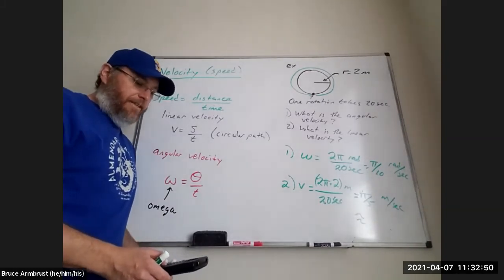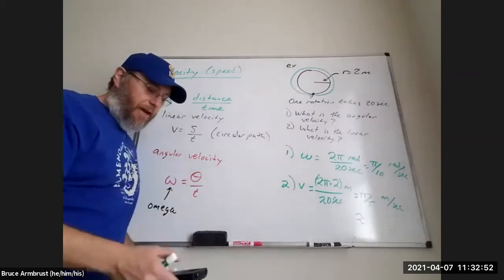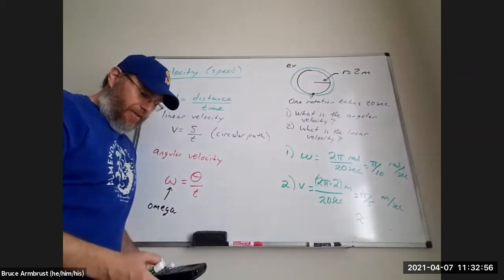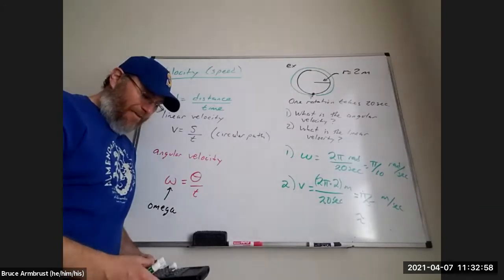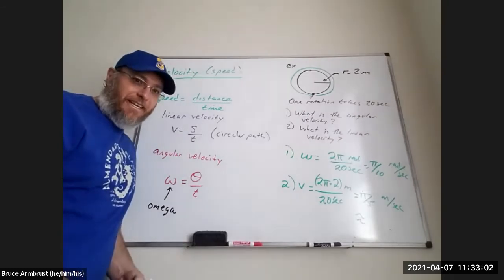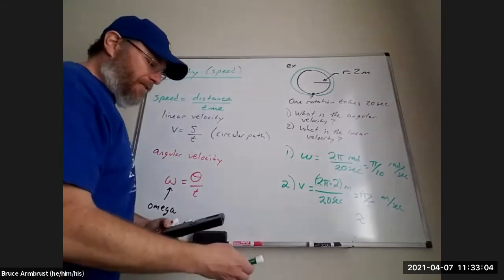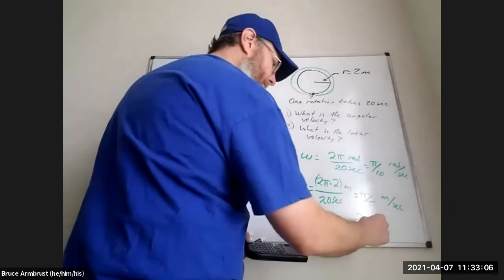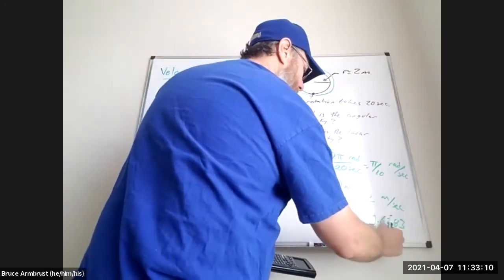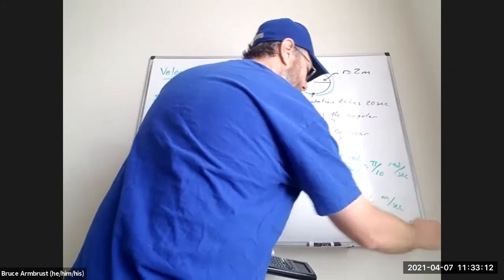And the mathematician is totally fine with pi over 5. The scientist isn't. He wants to know what the number is. So pi divided by 5. It's very Jekyll and Hyde kind of thing here. So we get 0.6283 meters per second.